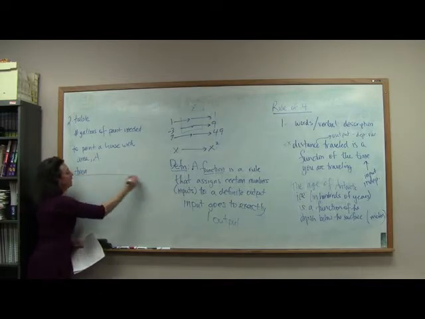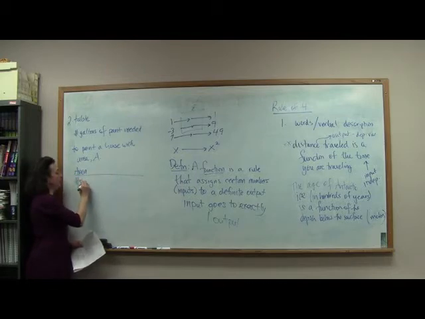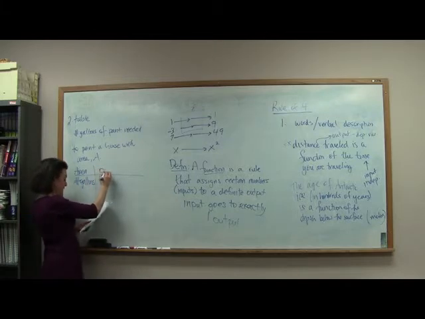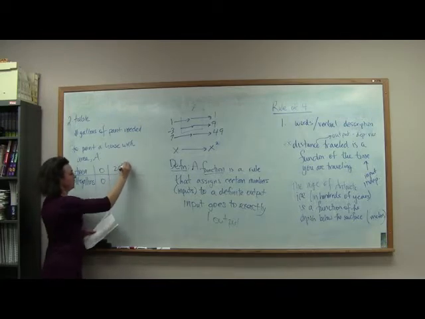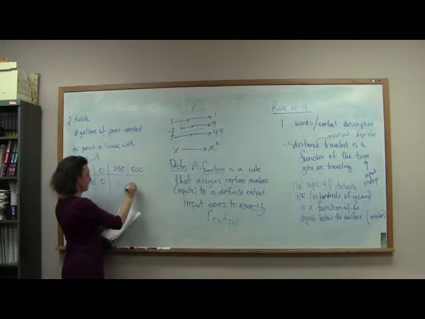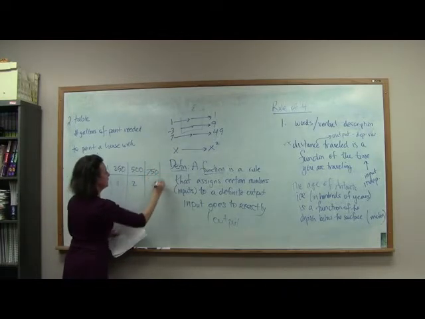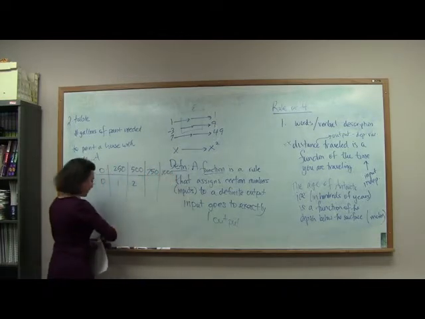We have area and we have number of gallons. Okay, this table is given. So we have 0 to 50, 500, 750, and then 1,000.